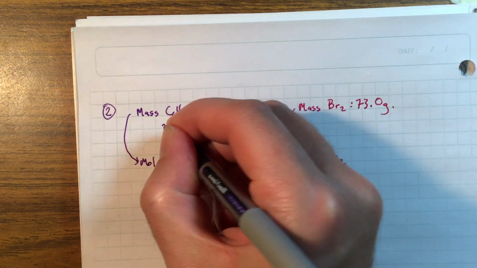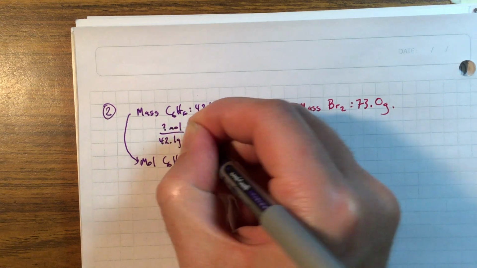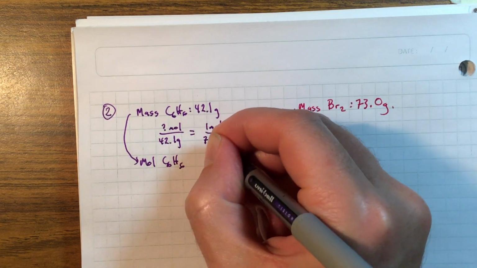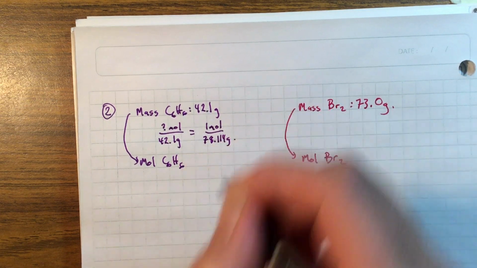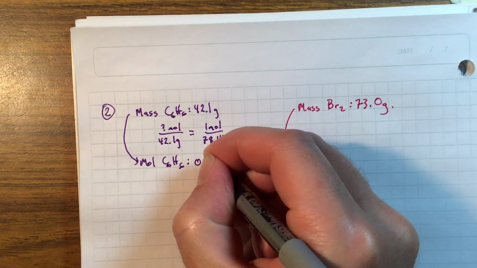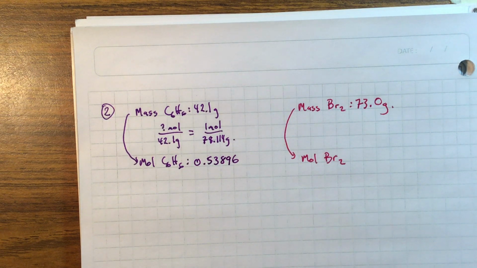How many moles of C6H6 are there in 42.1 grams, if 1 mole has 78.114 grams? So we take 42.1 divided by 78.114, 0.5390 to 5 sig figs. All right.